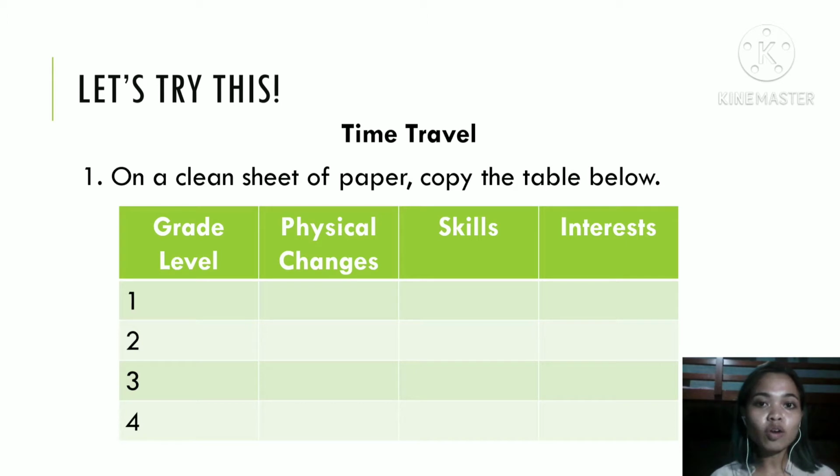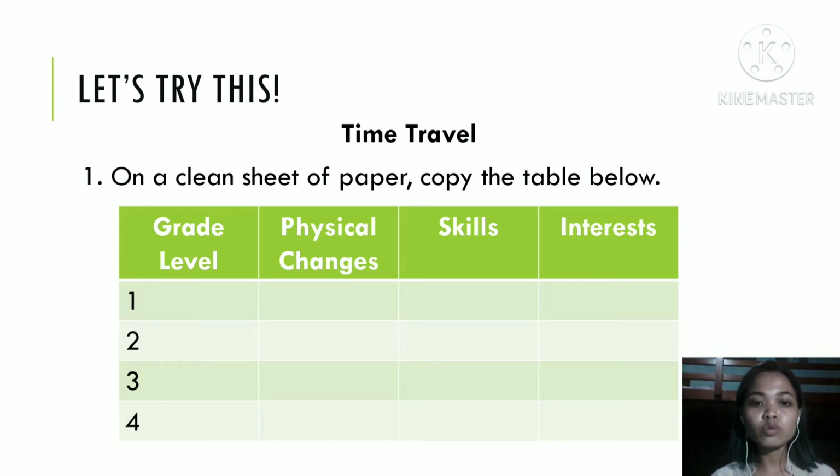Sa second column naman ay naroon ang mga physical changes or sa Tagalog, physical na pagbabago sa iyong kaanyuan. And then, skills, ito yung mga kakayanan na mayroon ka. And then, number 4 column ay ang interest or in Tagalog, ang mga hilig mo.